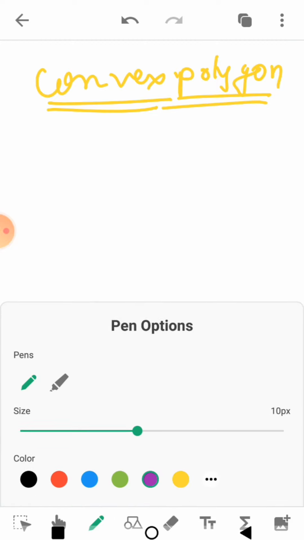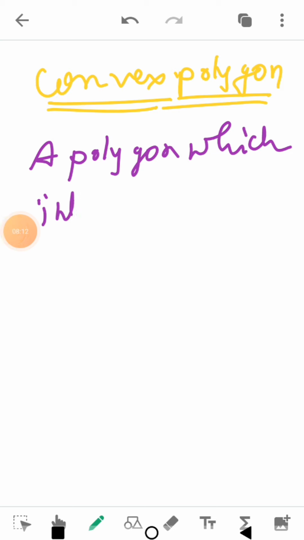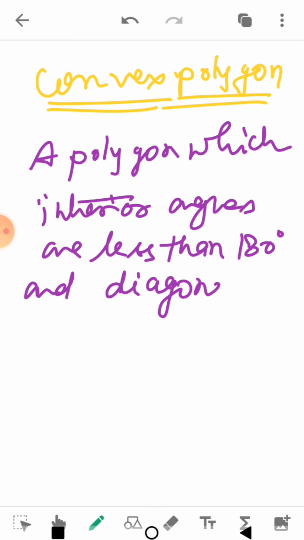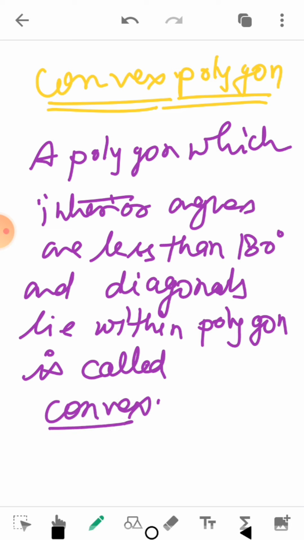Okay, a polygon whose interior angles are less than 180 degrees and whose diagonals lie within the polygon is called a convex polygon.